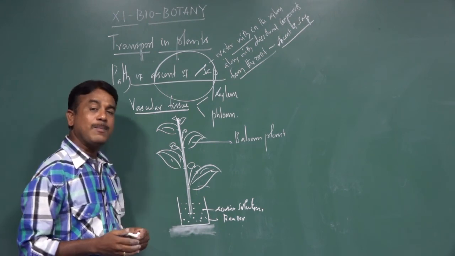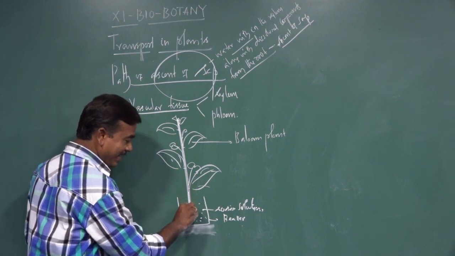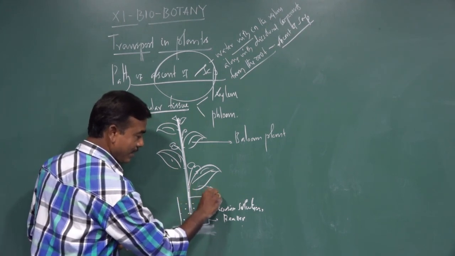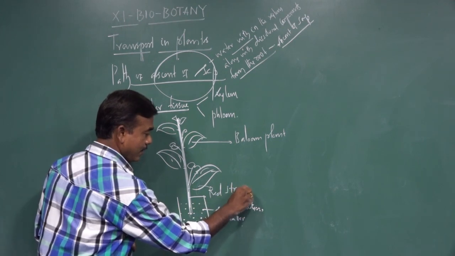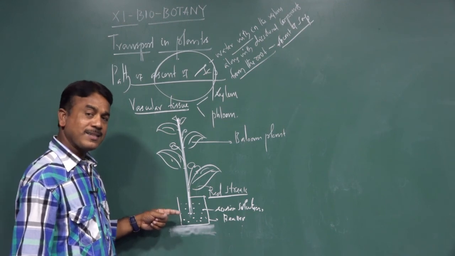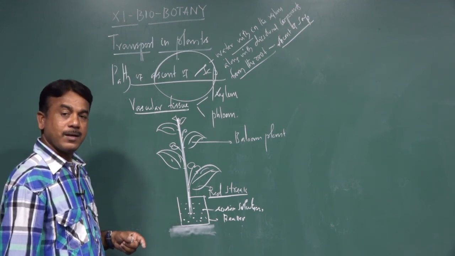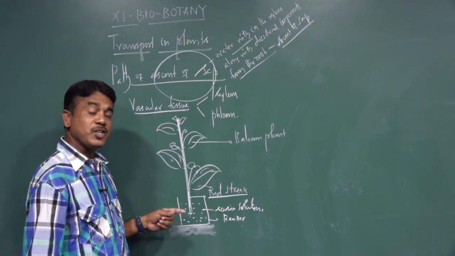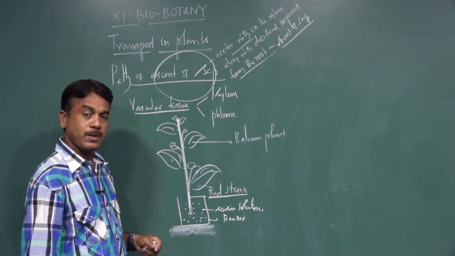Observing keenly, red streaks appear in the stem. You have to prove whether the red streak is in the xylem or not.